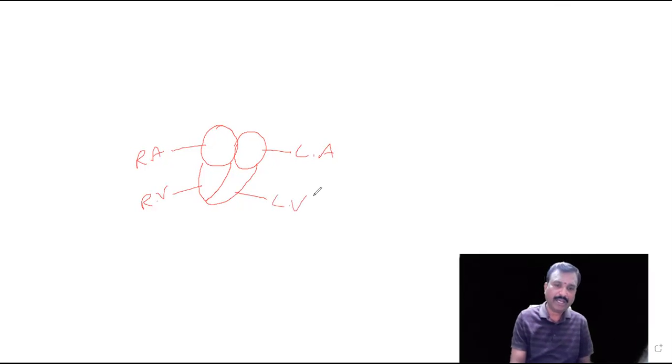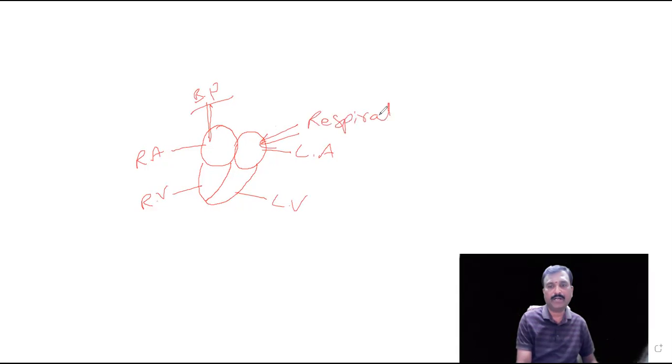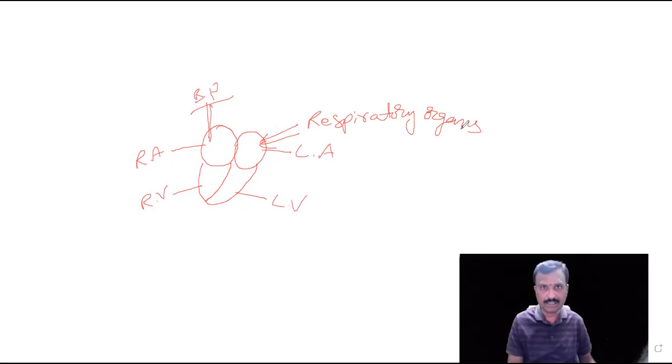The right atrium receives deoxygenated blood from body parts. BP means body parts. And the left atrium receives oxygenated blood from respiratory organs, whether lungs or gills, whatever they may be. In this way, oxygenated and deoxygenated blood are completely separated in the heart.